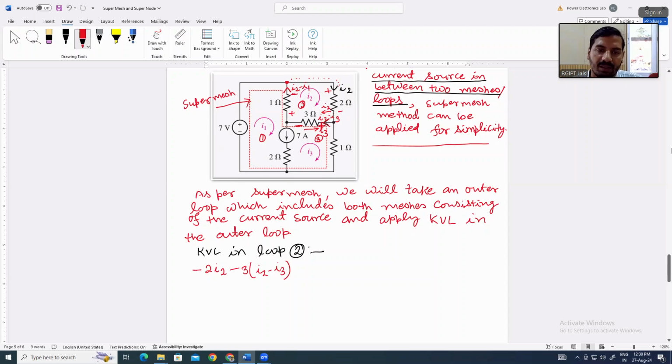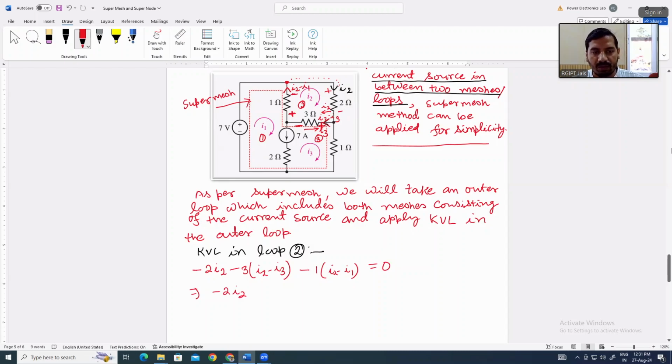It will again be minus, because first we get the plus, then the minus. So one equation we got from here: minus 2I2 minus 3(I2 minus I3) minus (I2 minus I1) will be 0, obviously.